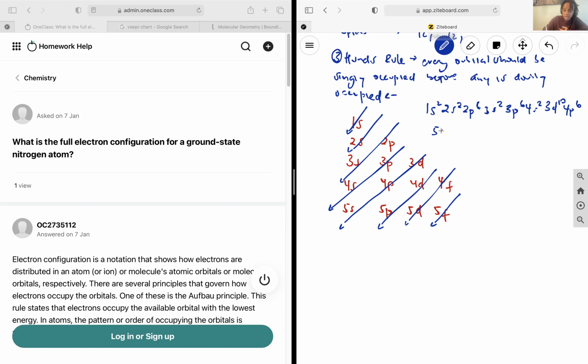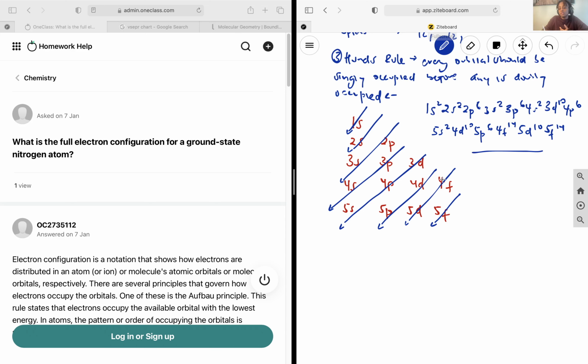Next up is 5s2, so I'm just filling this way, 4d10, 5p6, 4f14, 5d10, and then 5f14. So this is how you fill it.